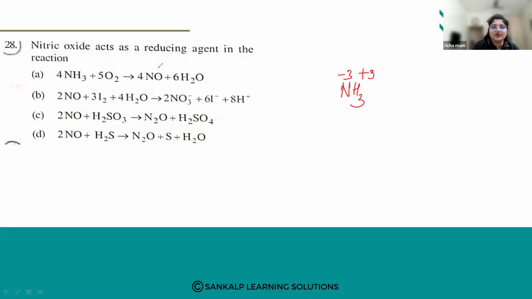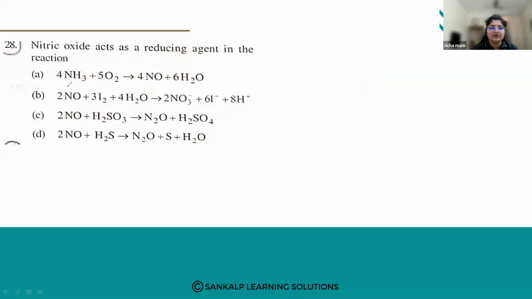So here this is -2, this becomes +2. So from -3 to +2. Okay, oxygen, this becomes 0, and from 0, this is undergoing -2. So again, what you can see here is there is an increase and there is a decrease. So here, nitric oxide is not acting as a reducing agent. Now check for the next one.